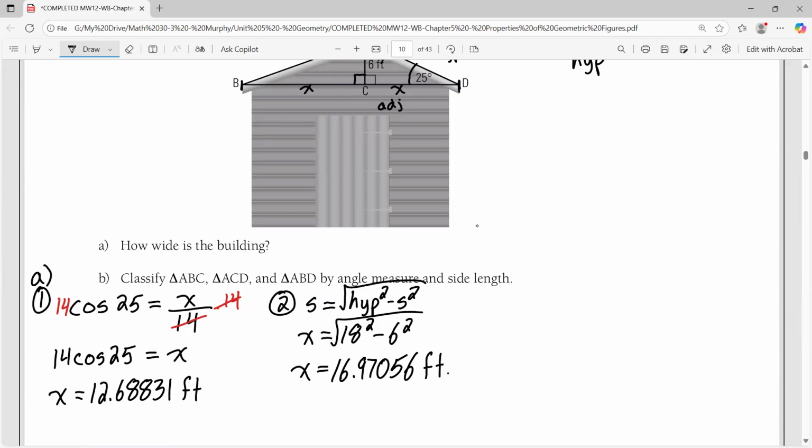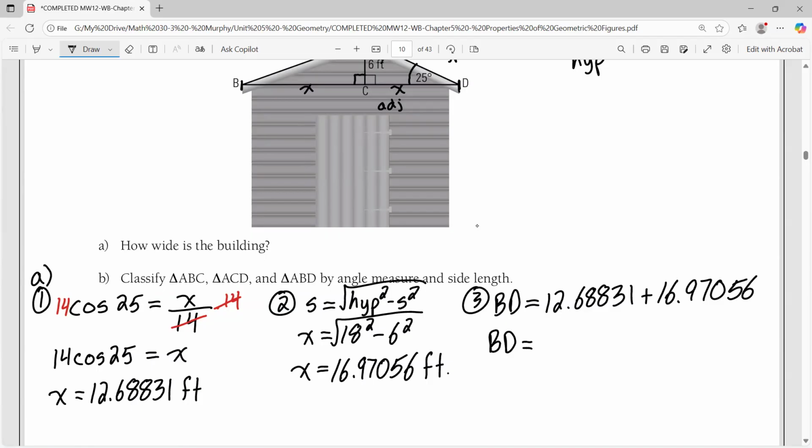Okay, now step 3, we have both of the x's that we need. We're going to add them up to get the length, which was our ultimate goal. How wide is the building? So if we add these up, 12.68831 plus 16.97056.